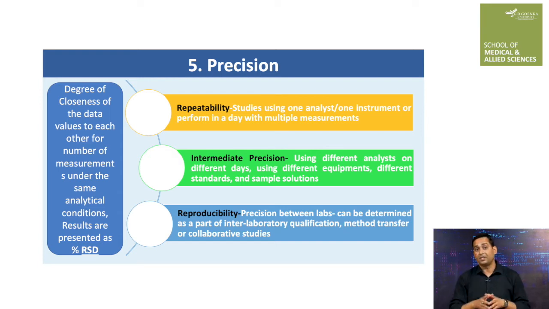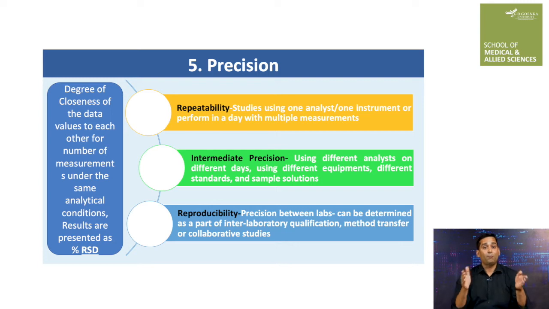The second type of precision is intermediate precision. Intermediate precision studies are performed by different analysts on different days by using different equipments, different standards and sample solutions. Then closeness of the results is observed.